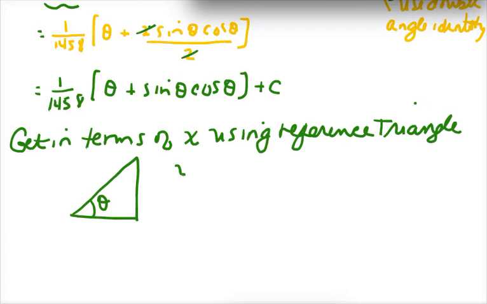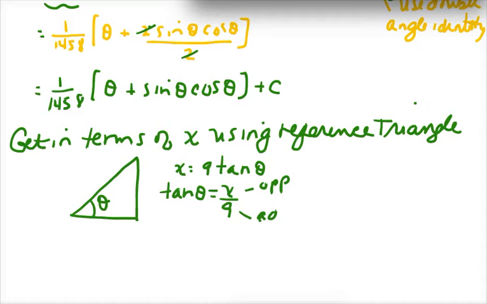So x is equal to 9 tangent of theta. So tangent of theta is equal to x over 9. And recall that tangent of theta is just opposite over adjacent. So opposite of theta is going to be x. Adjacent to theta is going to be 9, which would make the hypotenuse equal to the square root of x squared plus 9 squared.